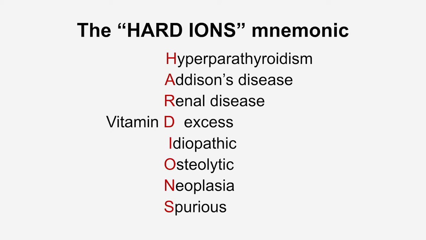That's the idea of hard ions. But I always tell people you have to think like Dennis to make this work. So if you think of Addison's disease as hypoadrenocorticism, which is its official name, not its eponym, you'll get all messed up. So you have to think like Dennis and call it Addison's to make hard ions work. But if you like the hard ions mnemonic, it's a way of remembering your causes of hypercalcemia.